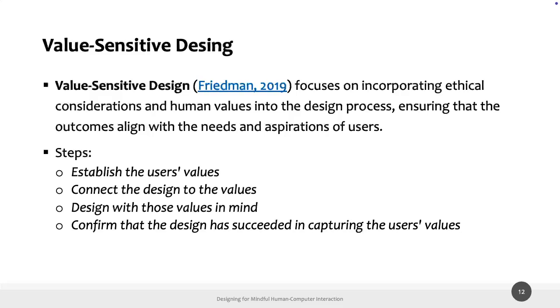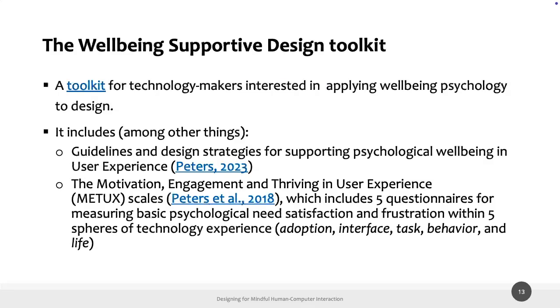And of course, you can refer to the papers if you want to try to apply these frameworks to your research. There are also a lot of guidelines online. And finally, perhaps one of the older frameworks that is more relevant for this course is the Well-being Supporting Design Toolkit. It's a toolkit for technology makers that are interested in applying well-being psychology to design.